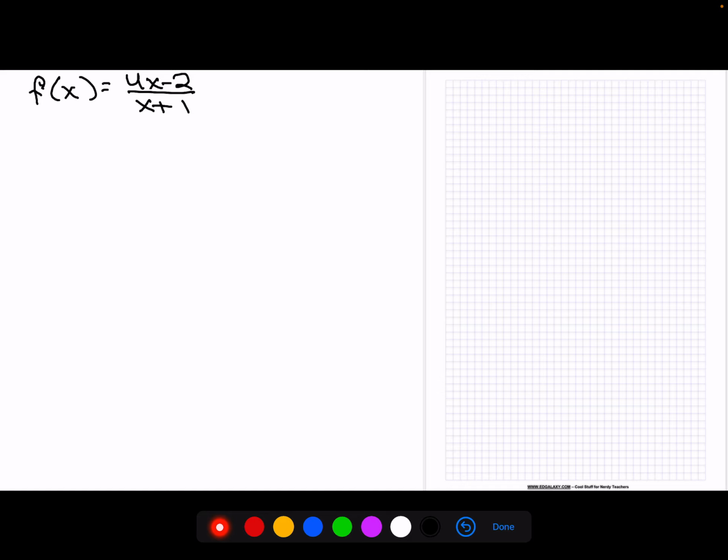But what we can do is take a look at this and see what the highest power of x is in the entire expression. We've just got x to the first. If you had an x squared in there, you would use x squared. If you had an x cubed and it was the highest, you would use x cubed. But you're going to divide each term in the numerator and denominator by that x.